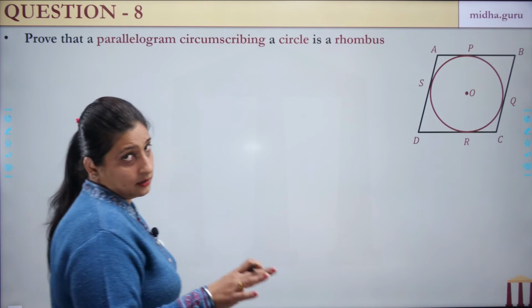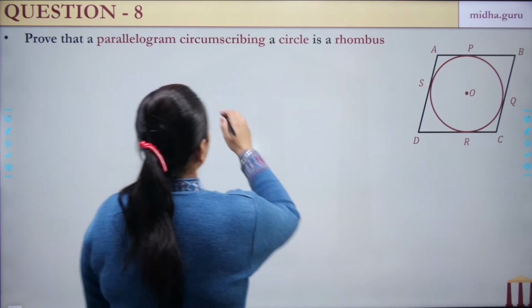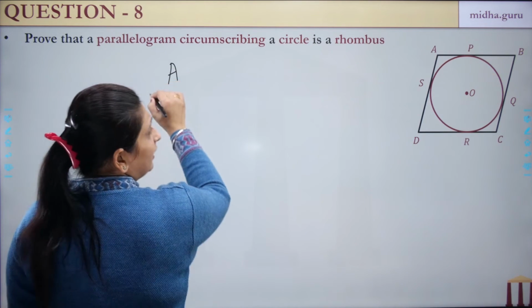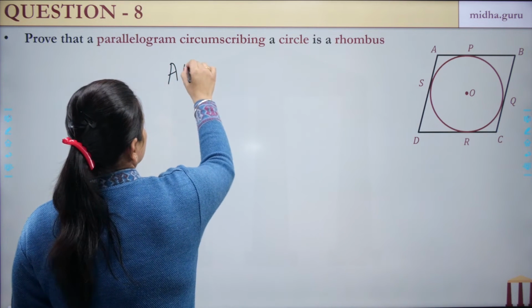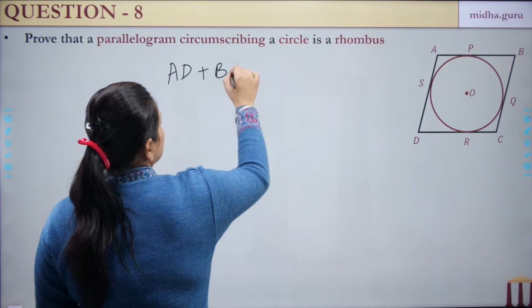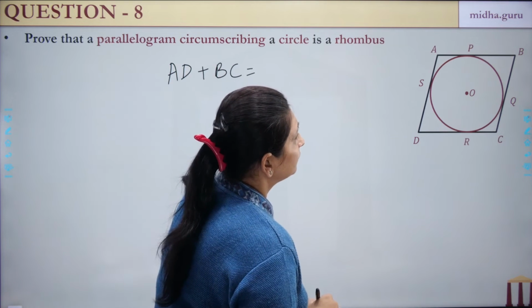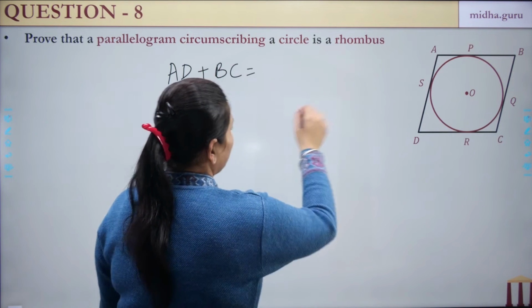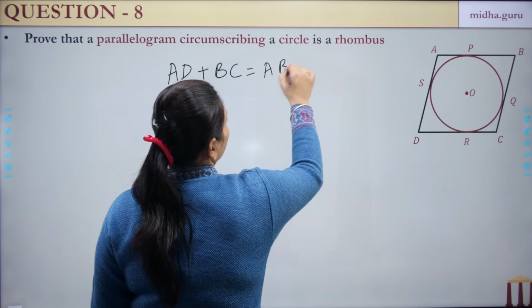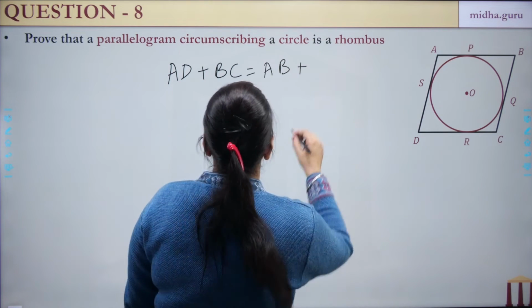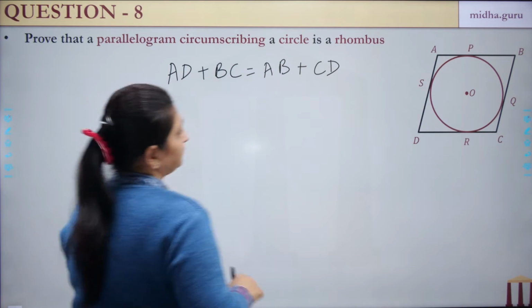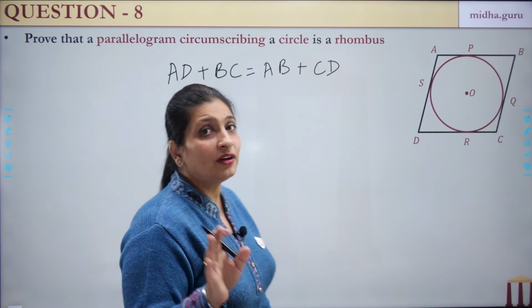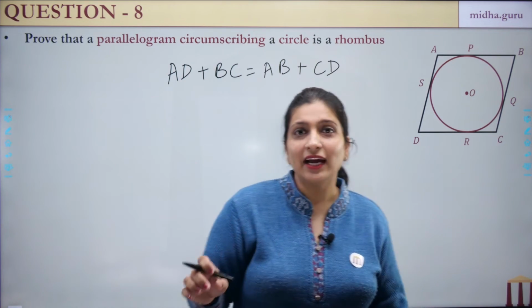So, from that question, we can write AD plus BC is equal to AB plus CD, which we have proved in one of the questions.